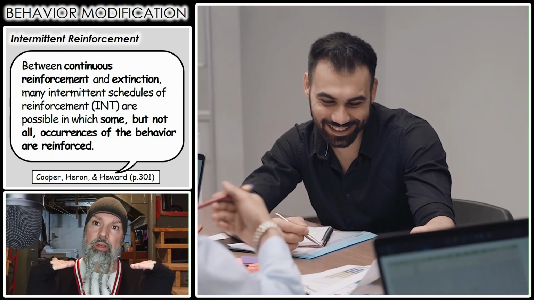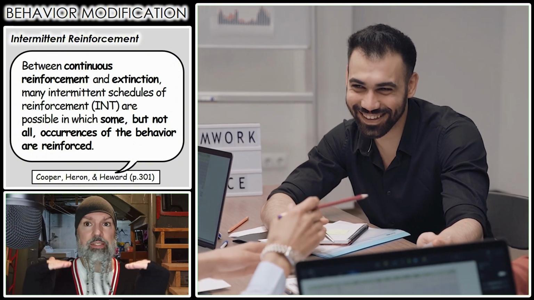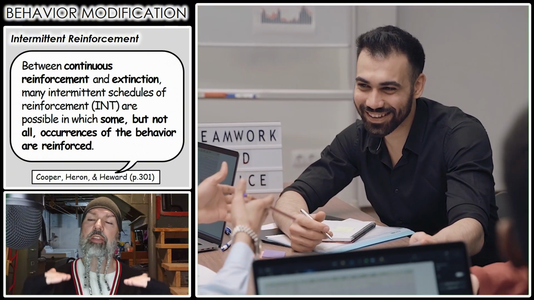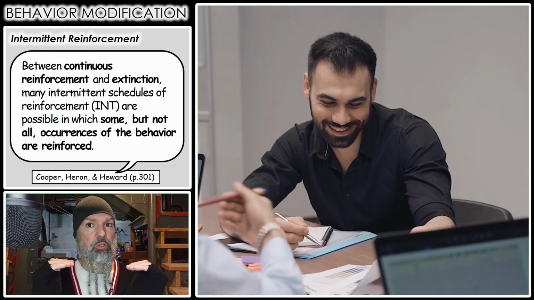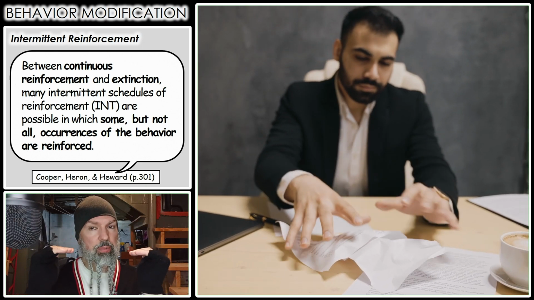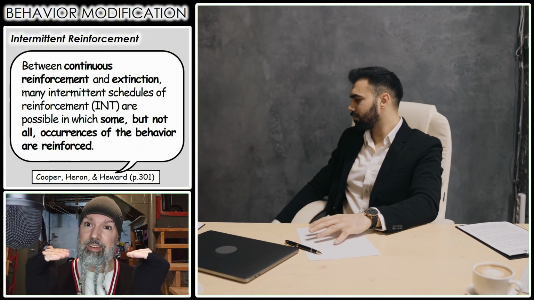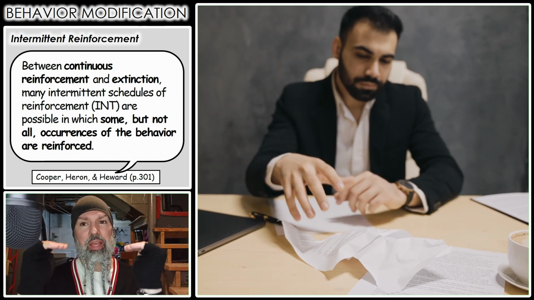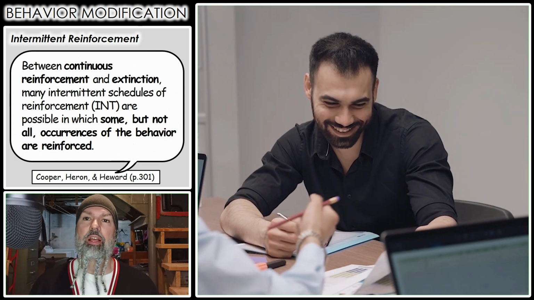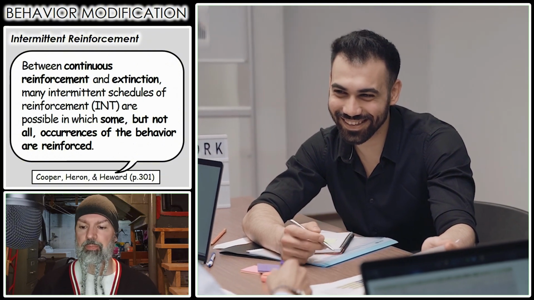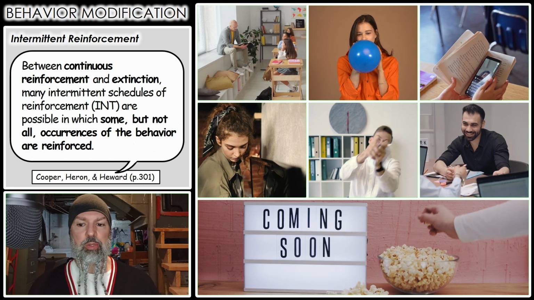Once behavior stabilizes at that level, you go up to maybe every 3 tasks, then every 4 tasks, and every 5 tasks, and you bring them along gradually, always looking out for instances of ratio strain. If you see them, then drop down that intermittent schedule of reinforcement, make it a more dense schedule until behavior stabilizes, and then gradually thin the schedule once more. All right, so that's what we were going to take a look at today on intermittent reinforcement.